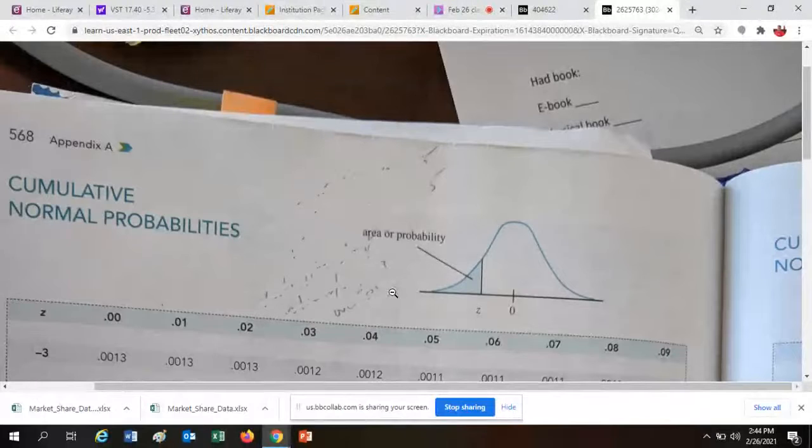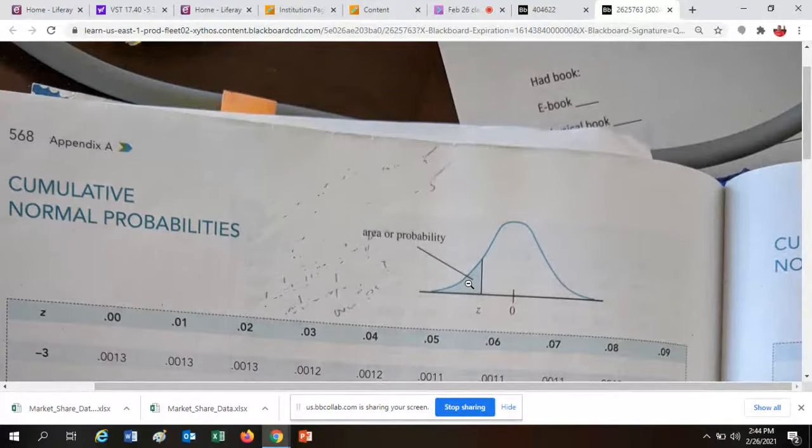From minus infinity to a minus 1.96, with z equals minus 1.96. Remember, on this one, all of these z's are less than 0, so they're all negative numbers, right?